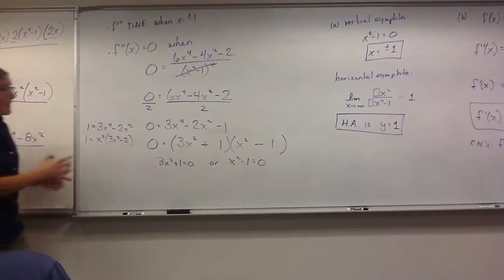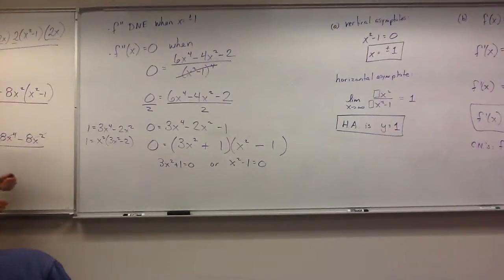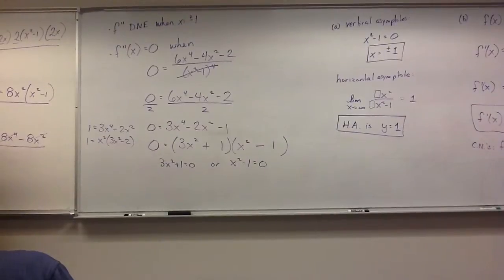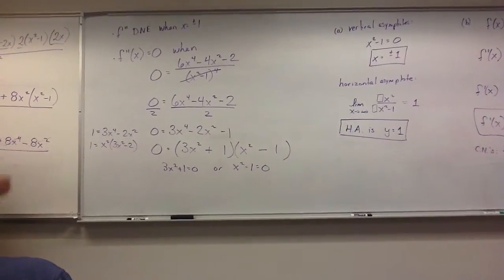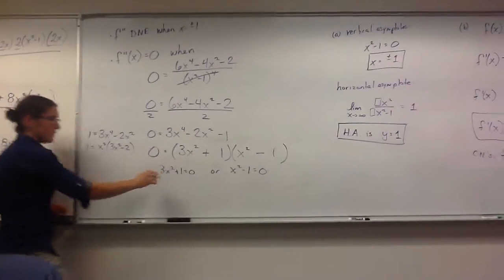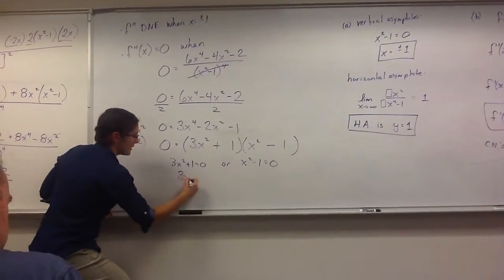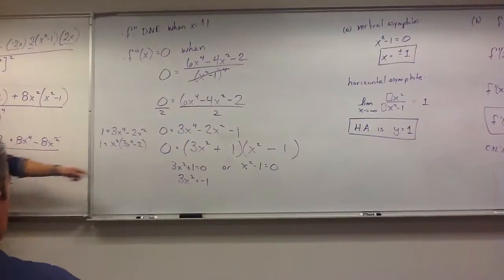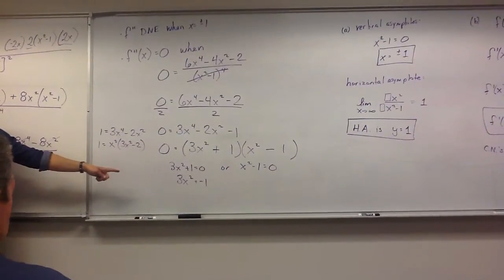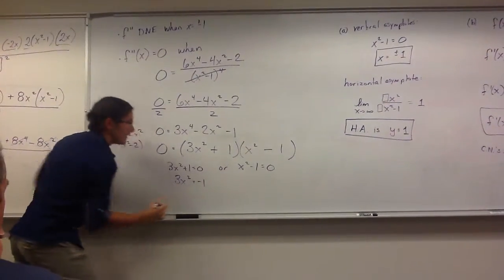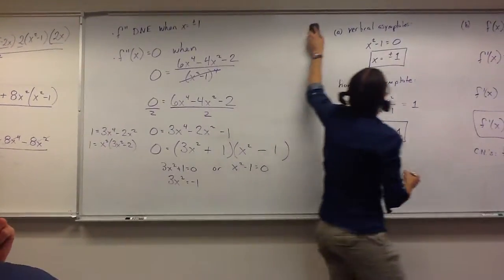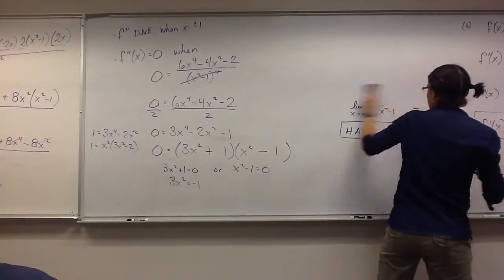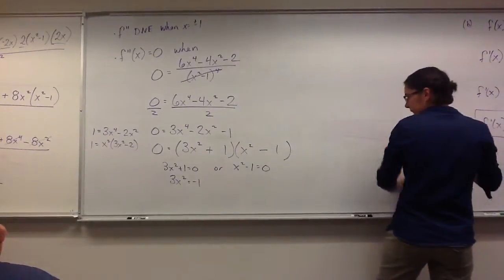Okay, so now we've got ourselves 3x squared plus 1 equals 0, or x squared minus 1 equals 0. So if I look at this first one here, I subtract 1 from both sides, and I have 3x squared equals negative 1. And I'm kind of excited about this branch because I already see that I'm going to end up with an x squared. Oh, I don't want to erase this. But oh well, somebody will have to remind me what these asymptotes are.